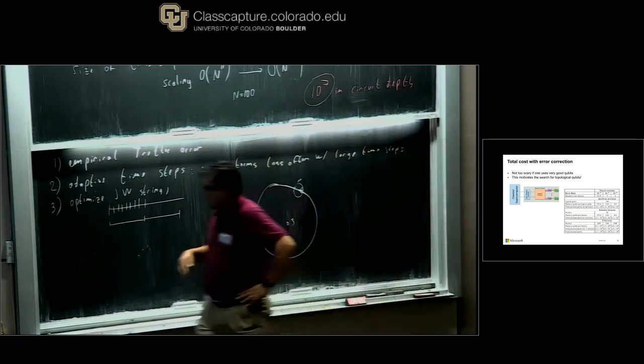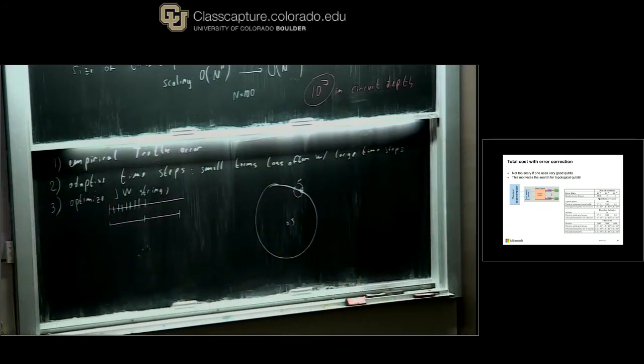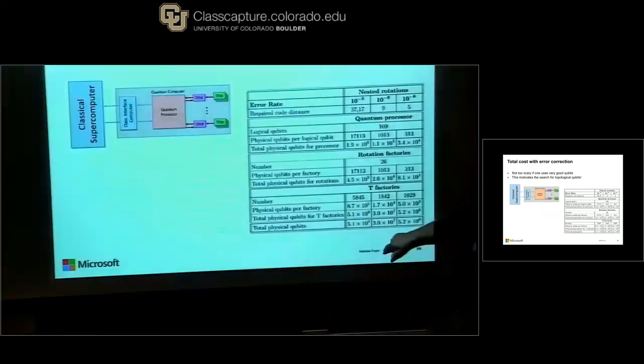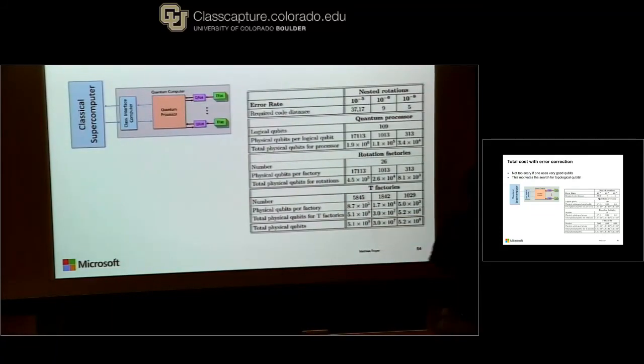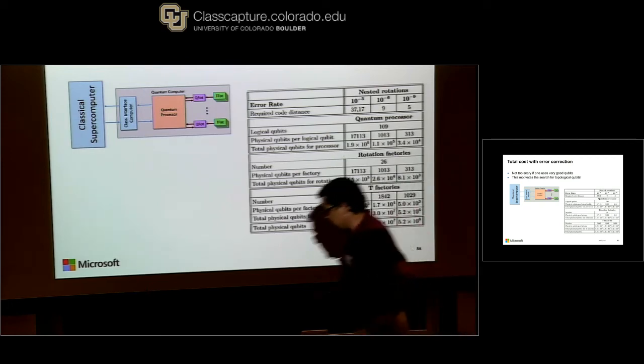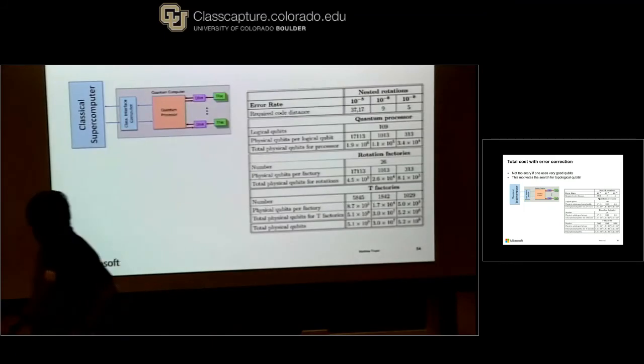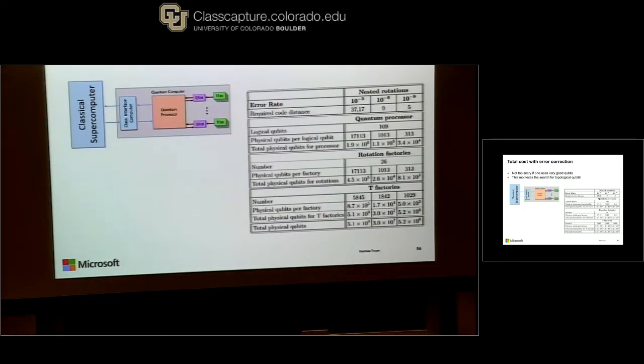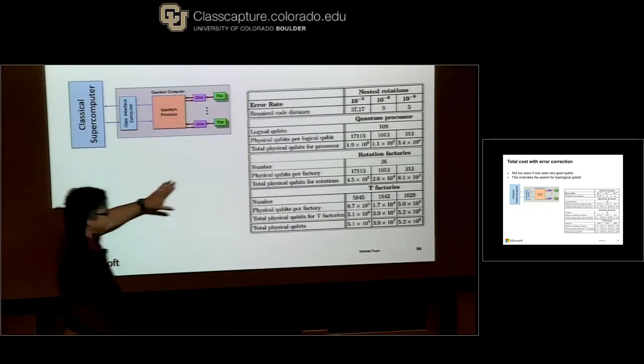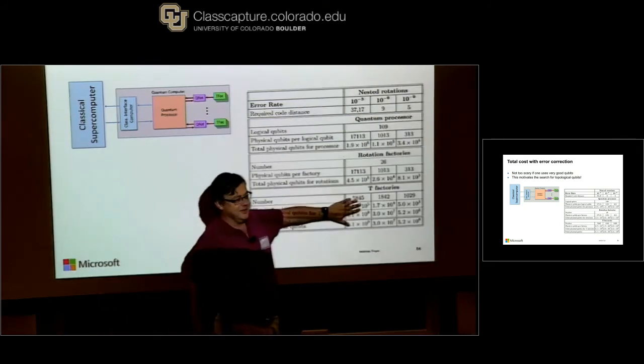Then we need better error correcting code. If, as here, 99.9% of the qubits are used just for the T factories, we know where to start optimizing it. And so Chong Won von Haar and Matt Hastings, they looked at it and brought this cost down by about a factor of 100 already.